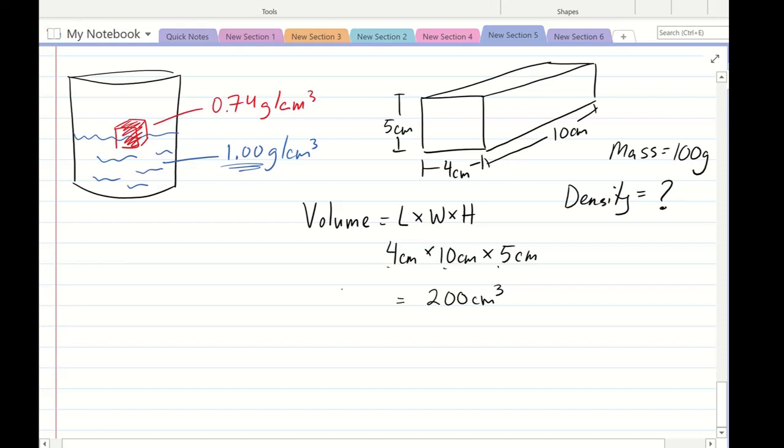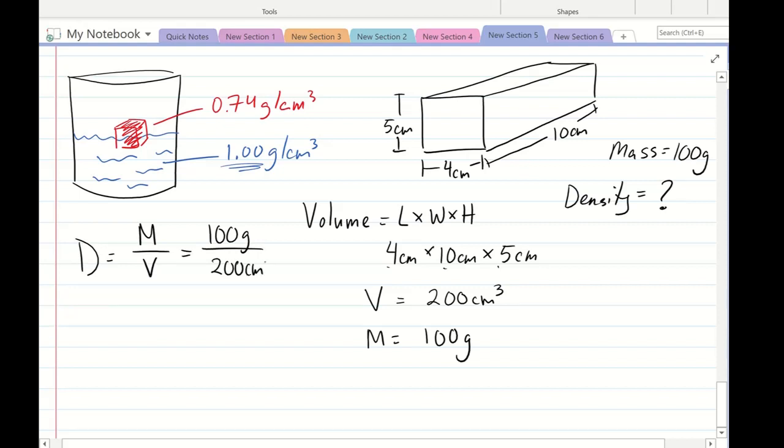So that's your volume. Mass is 100 grams, and we know that density equals m over v, which is equal to 100 grams over 200 cubic centimeters. 100 divided by 200 gives us 0.5, or 0.50 grams per cubic centimeter. That's going to be your density of this block.